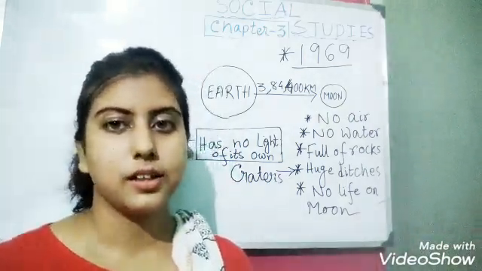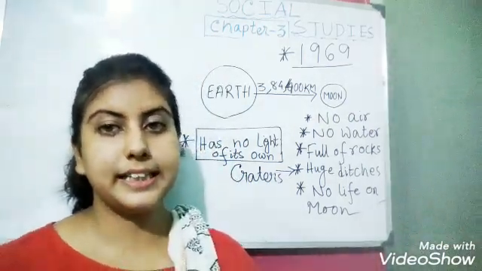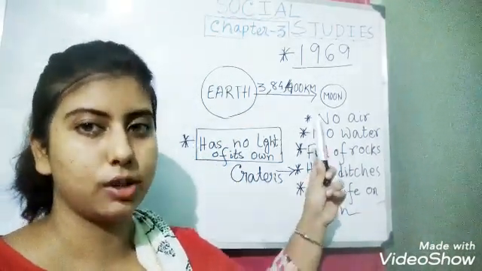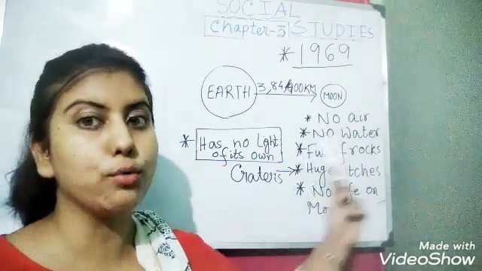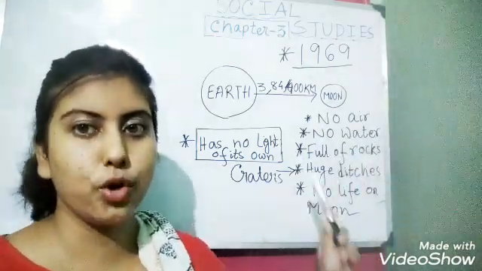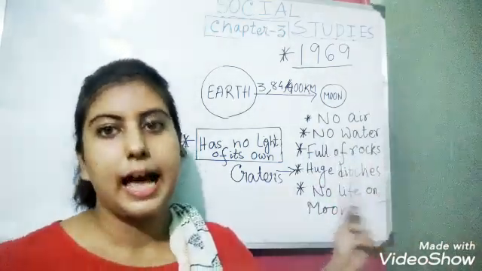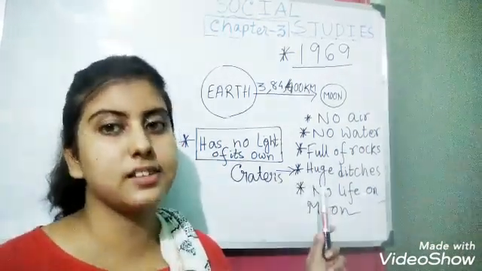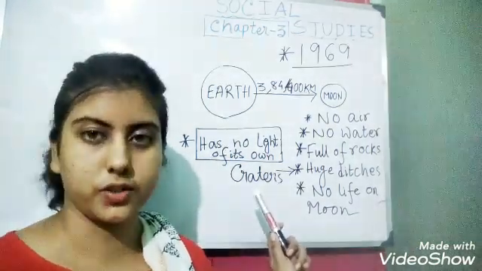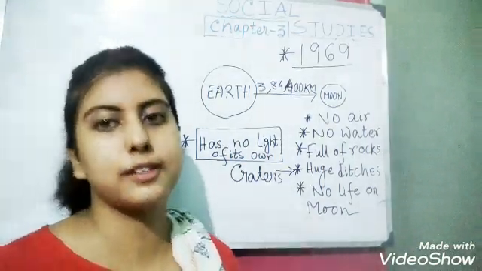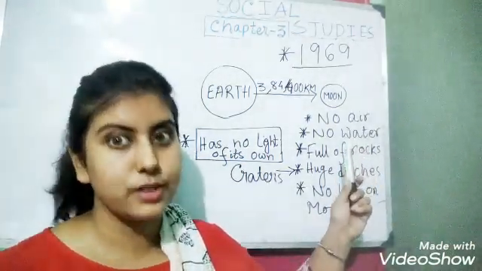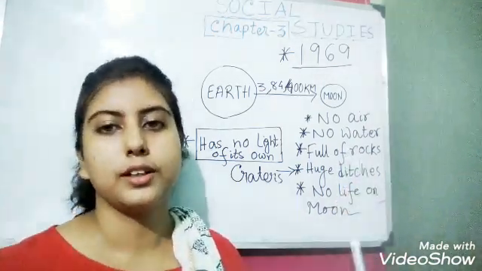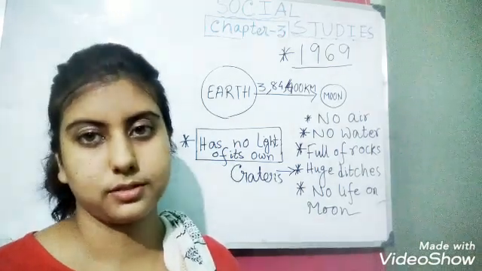So let's look into the features of the moon. The moon has no air, no water. It is full of rocks and it has huge ditches. These are called craters. Because there is no air and water, no life on the moon can be found.